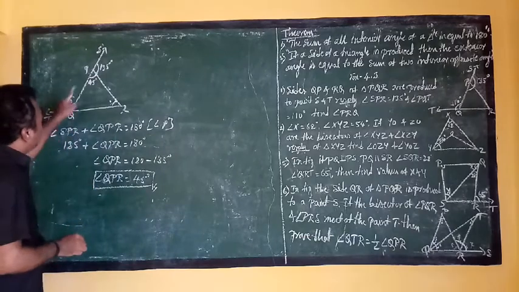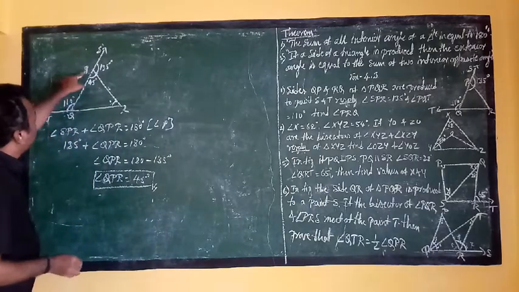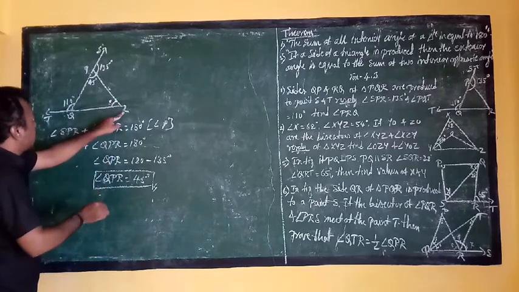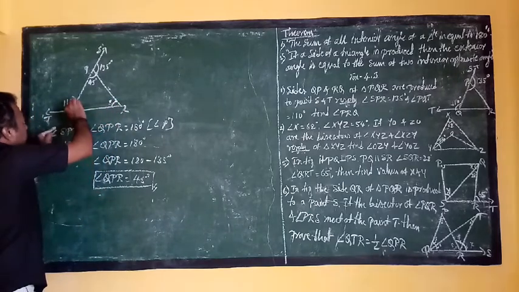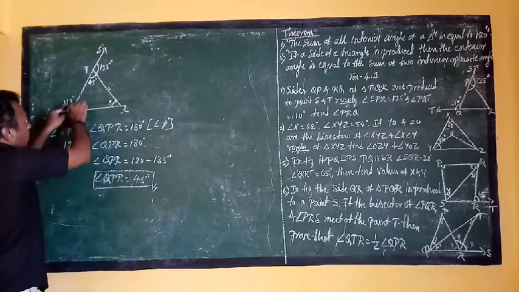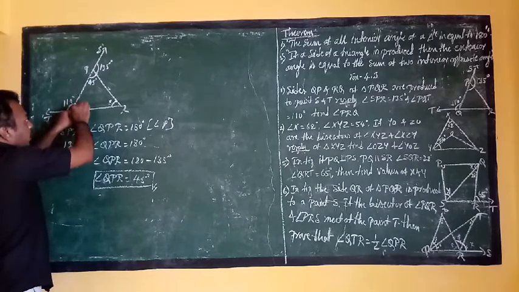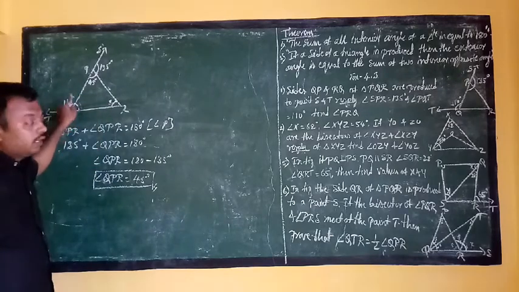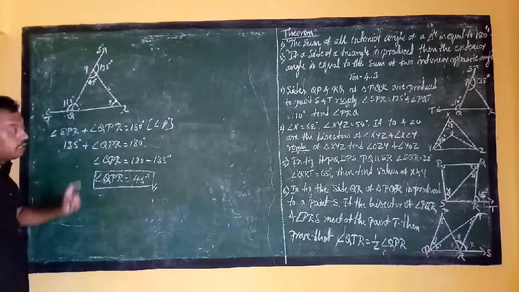So we want to calculate PRQ. This angle we want to calculate. If you want to calculate this angle, you can use linear pair again and then the angle sum property. Otherwise, directly we can use the exterior angle property.